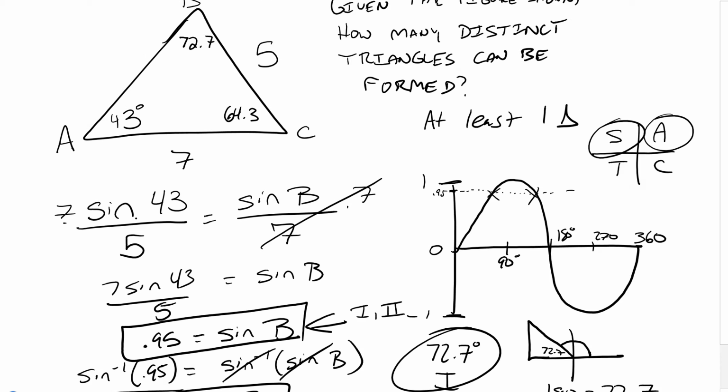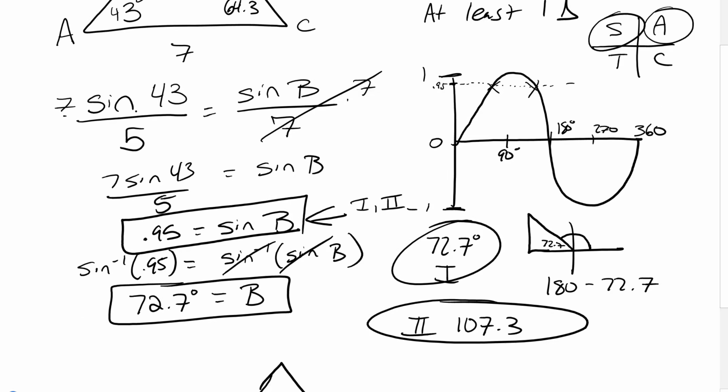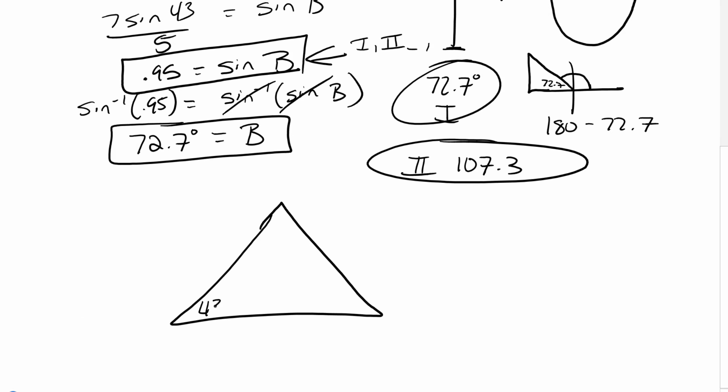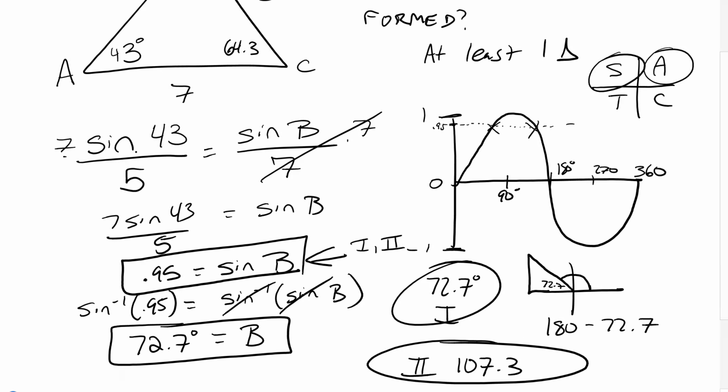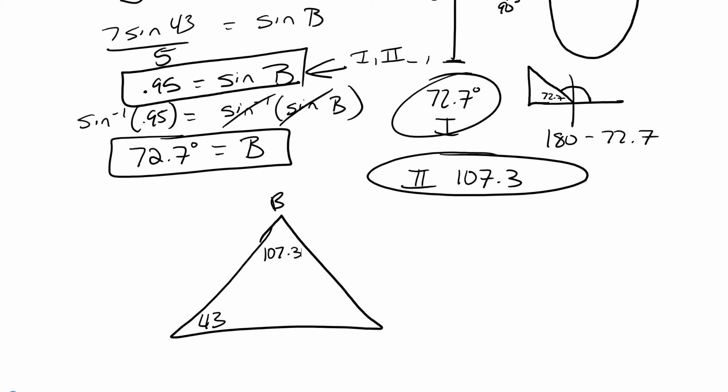Now if I redraw that triangle ABC, angle A was 43. Angle B could also potentially be 107.3. We know that all the angles in a triangle have to add up to 180 degrees.